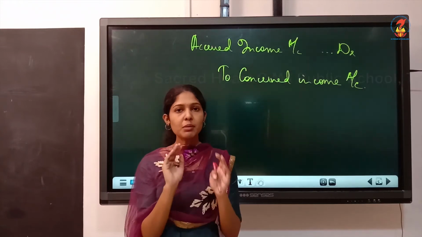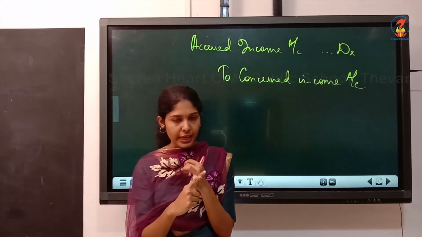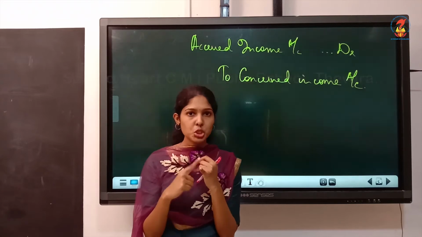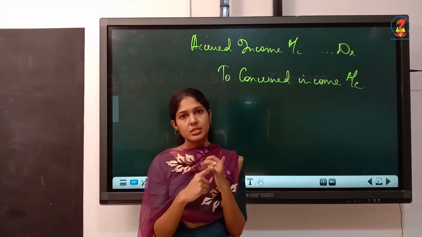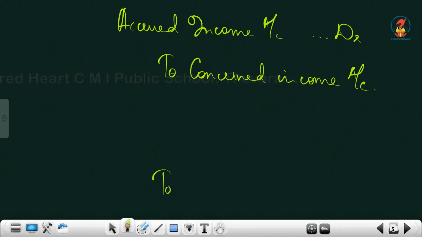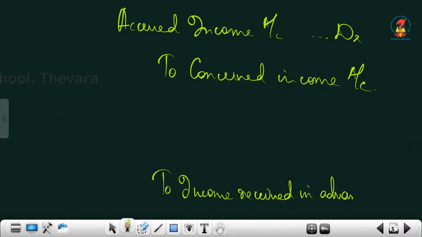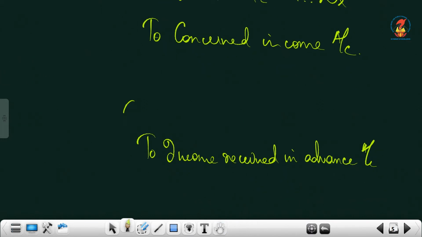Okay, so income received in advance, the nature is liability. Liabilities account should be always credited. So what will you write? To income received in advance account. It's a liability, so that should be credited. So what should be debit? The concerned income we have to debit.